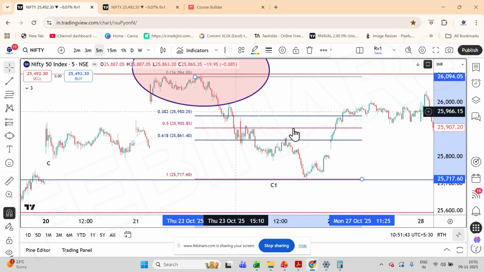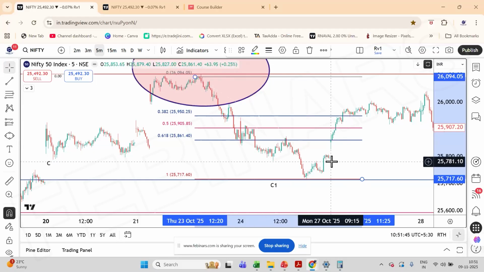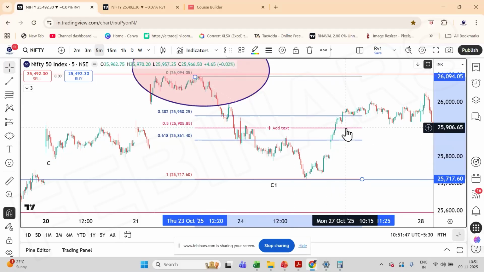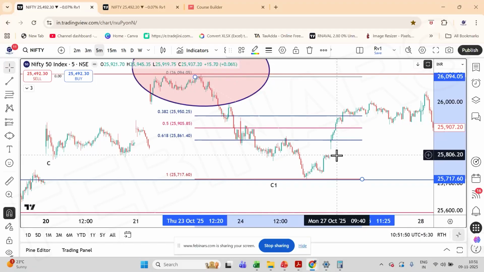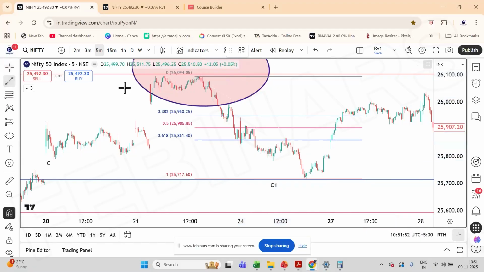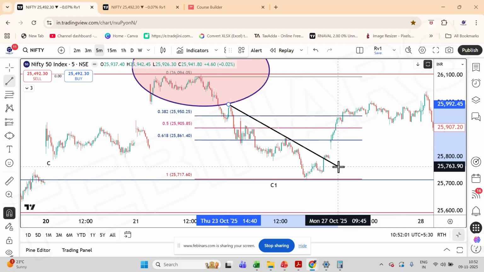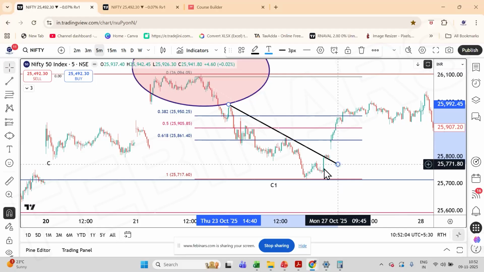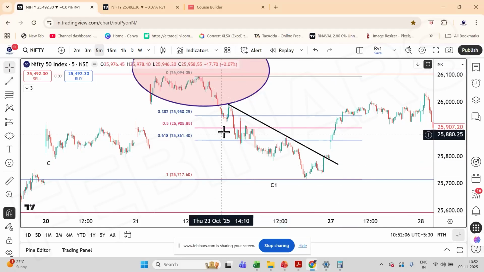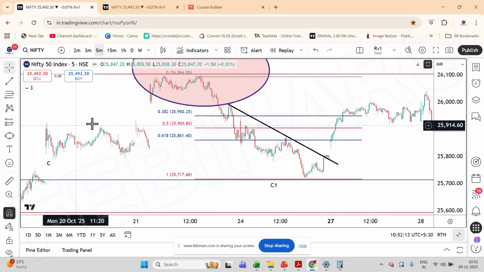Once the price crosses the golden ratio, it is imminent that the trend reversal is occurring. So we have drawn on the hourly chart.